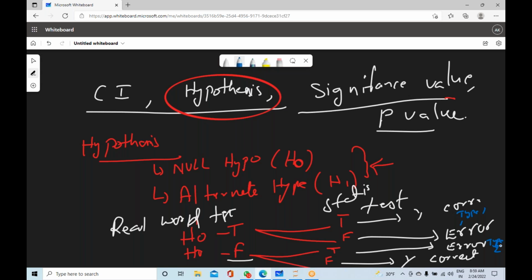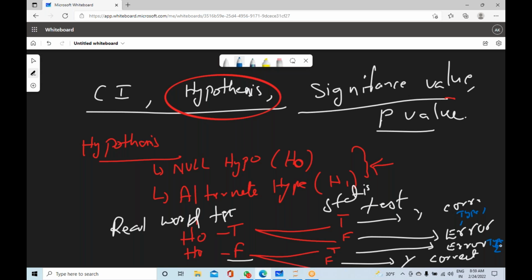Actually, type 1 error and type 2 error appear in machine learning, where we have classification techniques, like whether the patient has diabetes or not, whether the mail is spam or not, whether the stocks will increase or not. That kind of scenario we call classification. In classification, we have the confusion matrix, with your predictions and your actuals, and there are 4 possibilities.